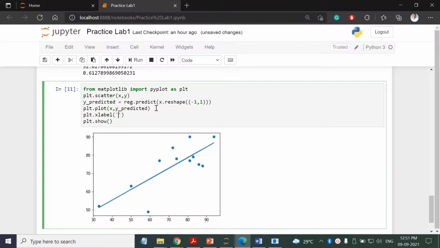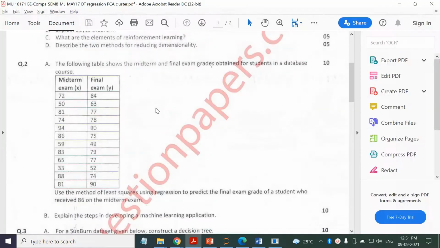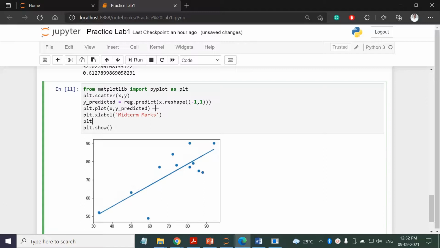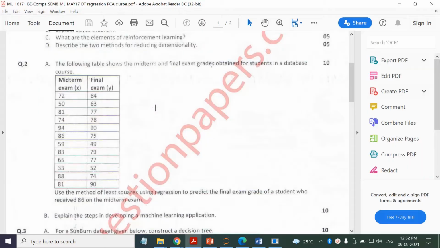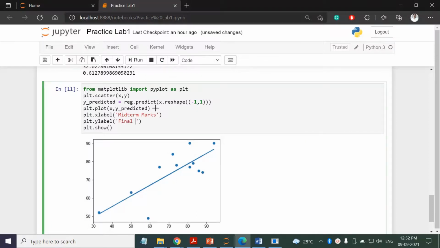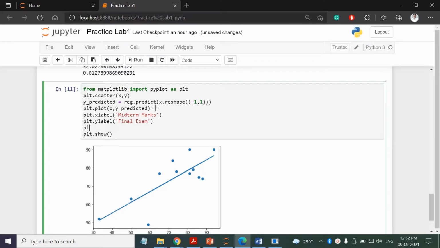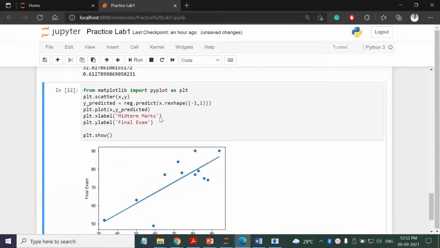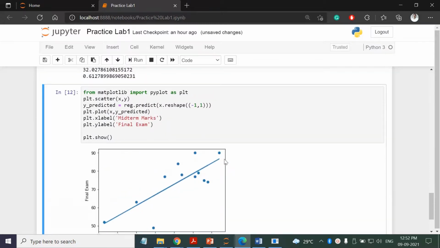Along the x-axis we have midterm marks, and plt.ylabel is the final exam marks. Similarly, you can add chart elements. I can add a legend and give different colors to the regression line and so on.